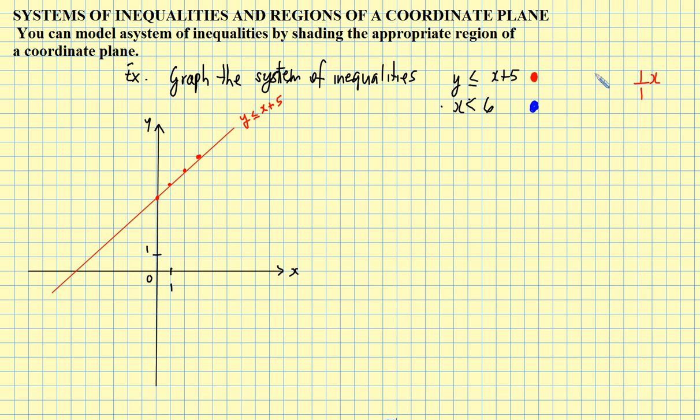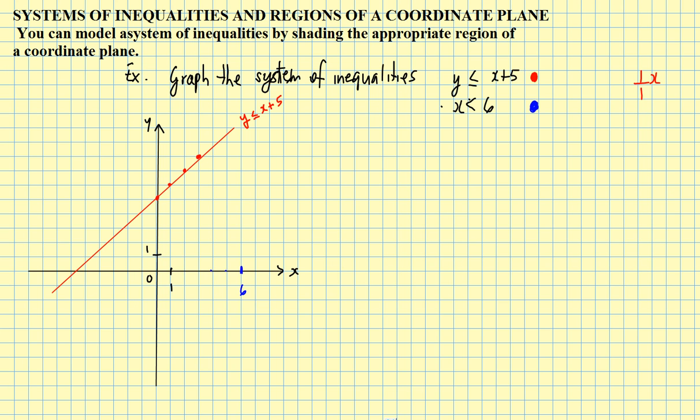When I have to draw now x is less than 6, notice that it doesn't have a y on it. There is no y because we have a vertical line. Every value of x is equal to 6. The only values that are changing are the y values, but my value of x remains a constant. So I will go to 1, 2, 3, 4, 5, 6.